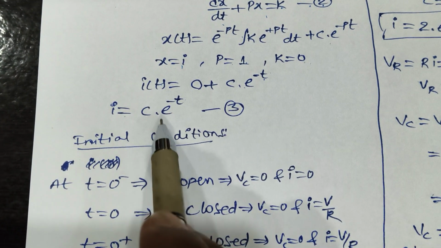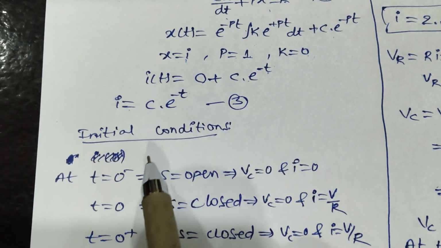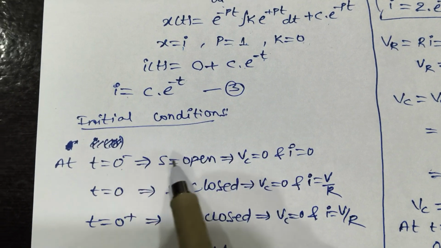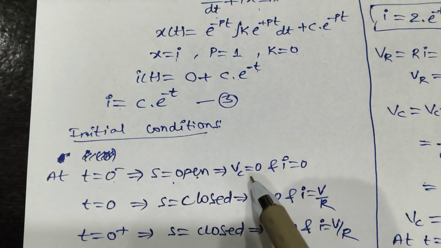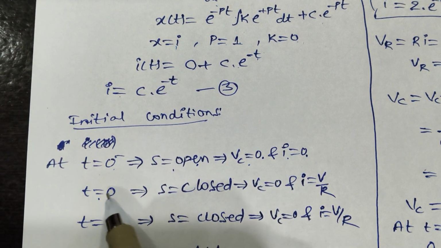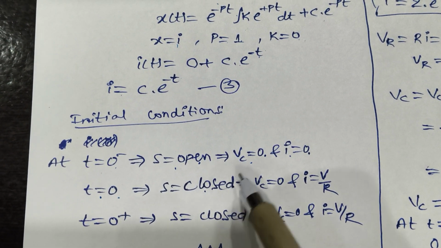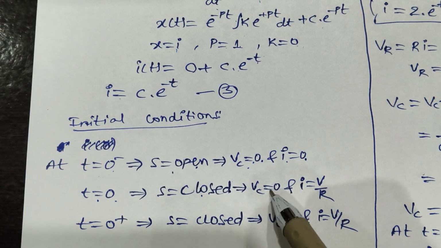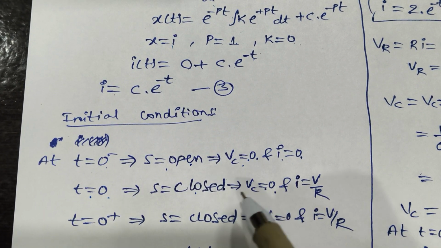Use the initial conditions and find out the c value. At t is equal to 0 minus, the switch is open, the voltage across the capacitance is 0 and the current is also 0. When t is equal to 0, the switch is closed. Capacitance does not allow a sudden change in voltage, that's why the voltage is the same, 0 volts.